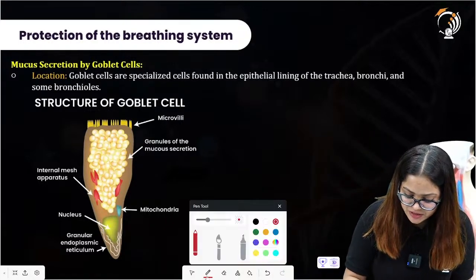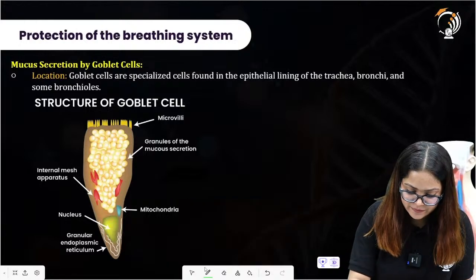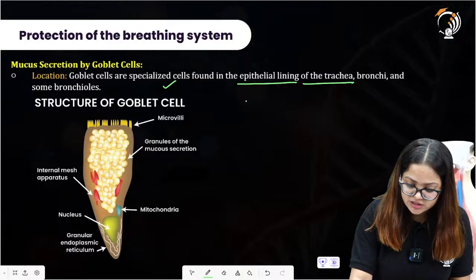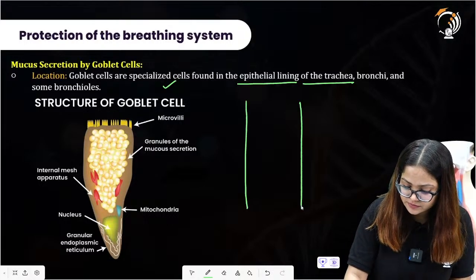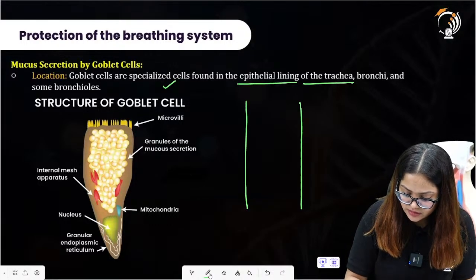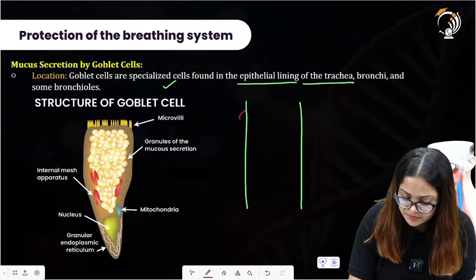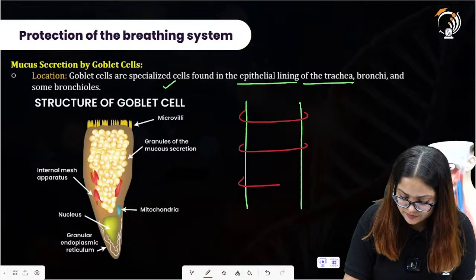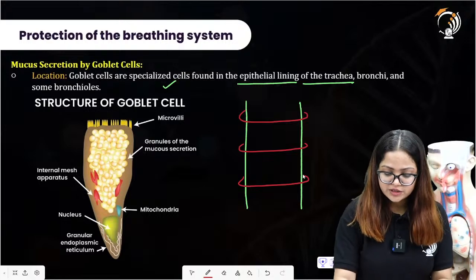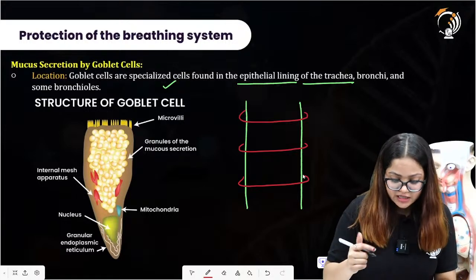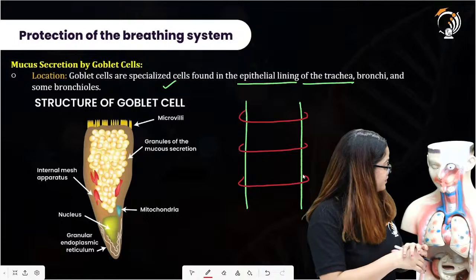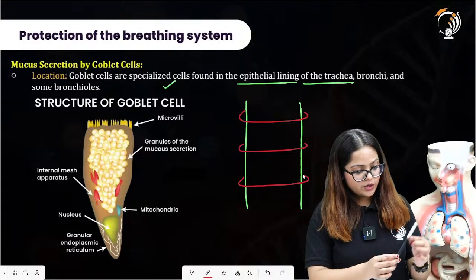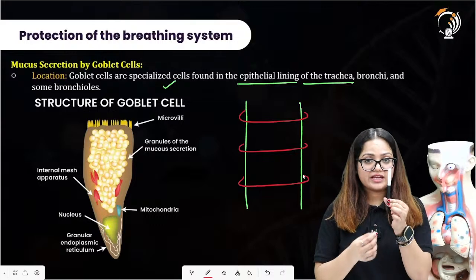Location: goblet cells are specialized cells found in the epithelial lining of the trachea. So this was the trachea here, having incomplete rings over it. Let us imagine this is the trachea, the windpipe.